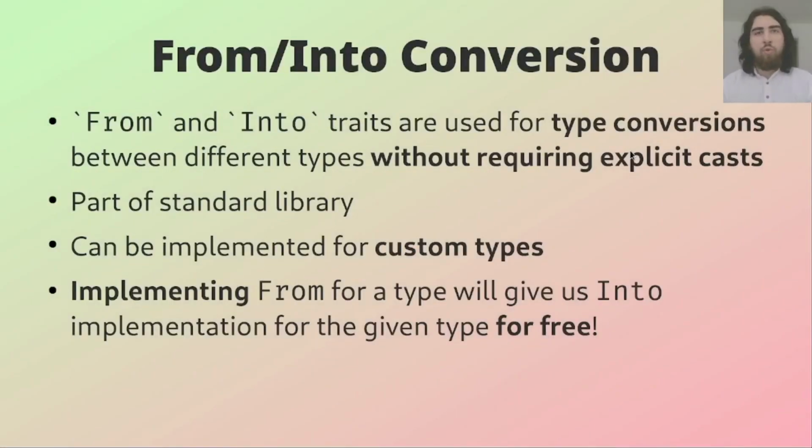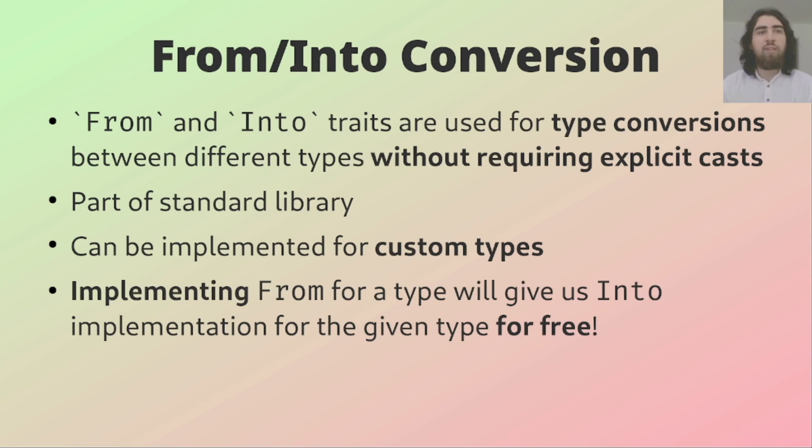So we have seen type conversions for integers and types from the standard library, but what if we want to convert types that we defined, basically custom types? And Rust has for this the From and the Into trait. So let's see, From and Into traits are used for type conversions between different types without requiring explicit casts.